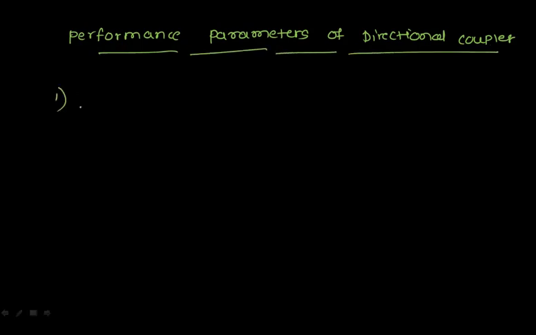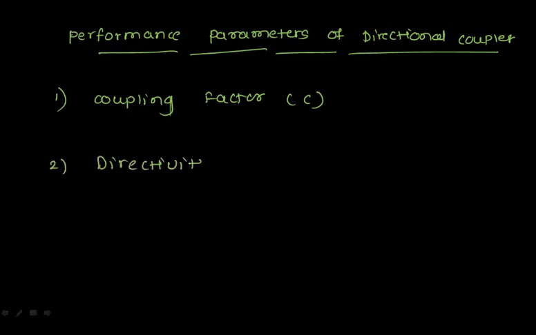I'll talk about the coupling factor first, then the directivity. The coupling factor is denoted by C, directivity is denoted by D, and isolation is denoted by I. So these are very important parameters.